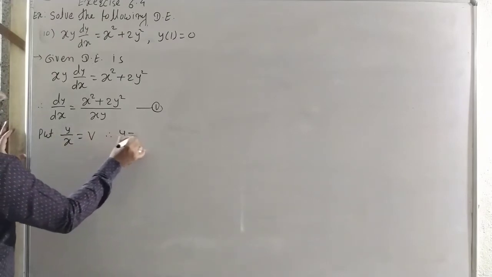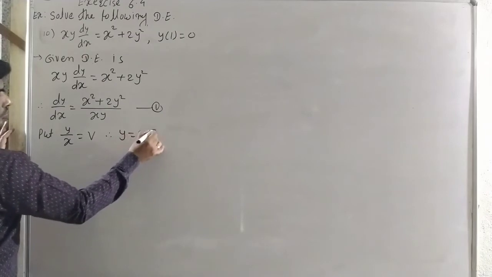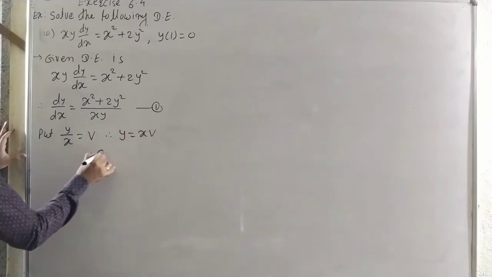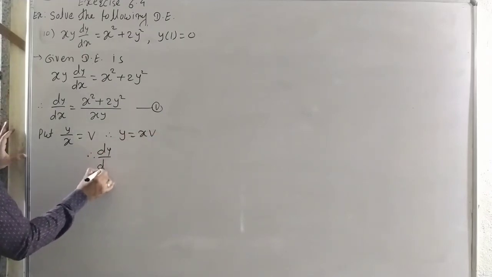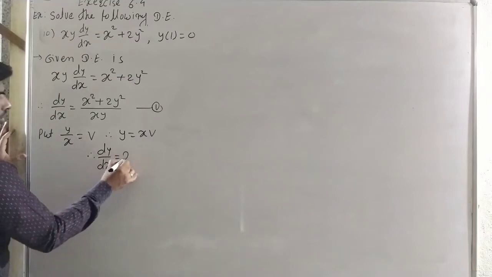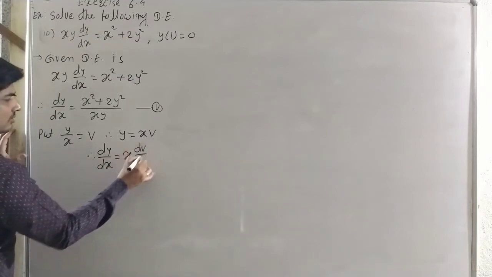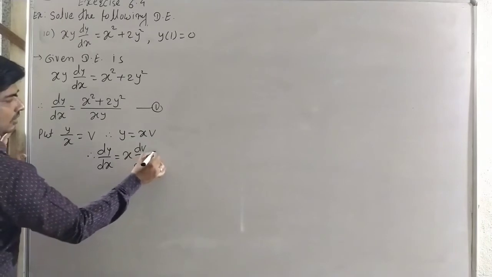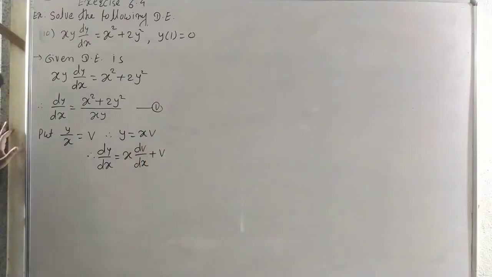Therefore y is equal to x into phi. Then differentiate with respect to x. dy by dx is equal to x into dv by dx plus phi into derivative of 1, that is x.